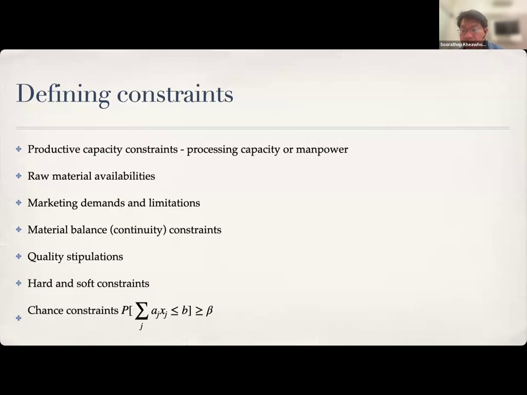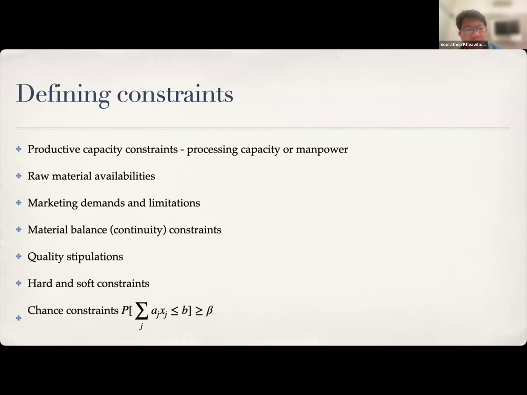So our constraint can be the production must be less than or equal to 100 kilogram per day, something like that. So the capacity can be your constraint. And in most cases it is an inequality constraint.